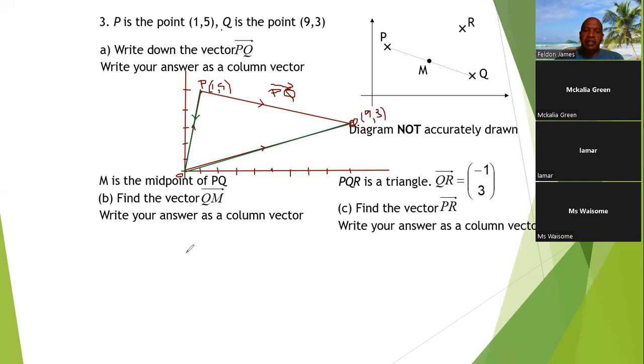So in other words, we can write the vector PQ is equivalent to going from P to O plus the vector O to Q.